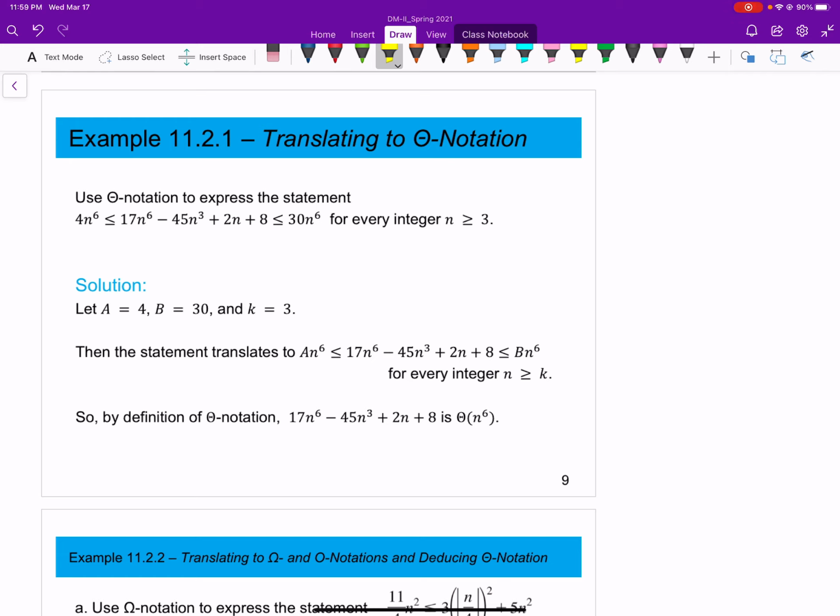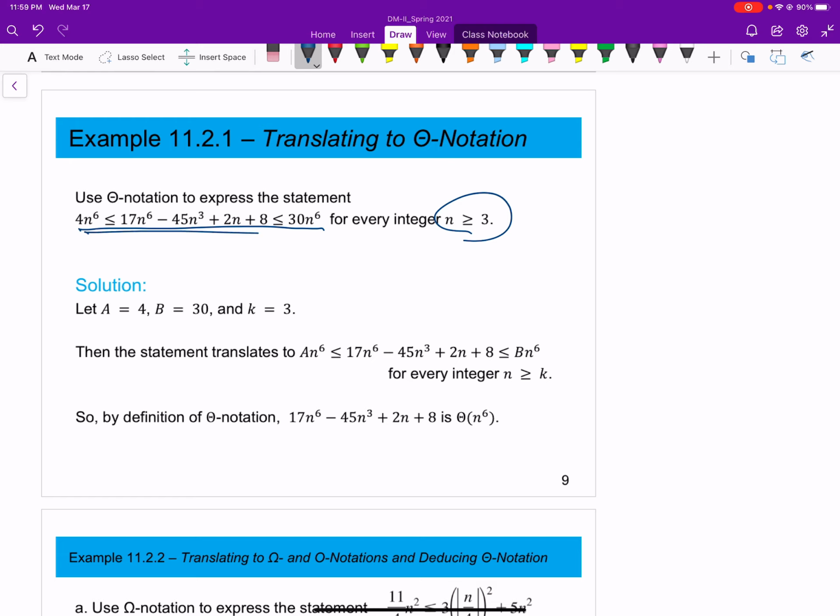This is example 11.2.1. The problem is this: use theta notation to express the statement. This is the given statement. For every n greater than or equal to 3, this condition is valid.